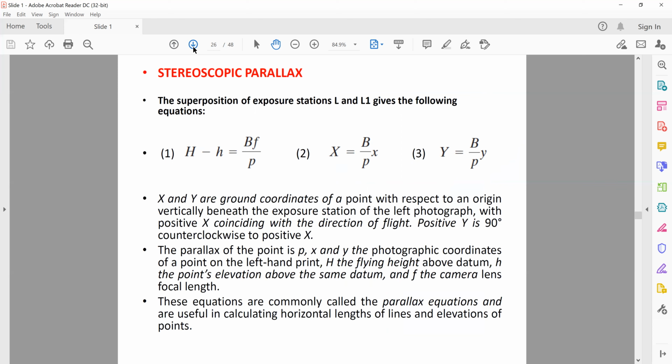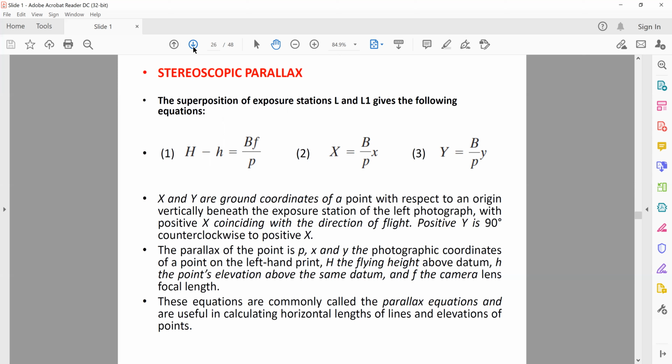So these are the equations that we would be using. The first equation can be used to determine the height of the object. In this equation, capital H denotes the flying height of the drone from a datum. Small h denotes the height of the object from the same datum. B is the airbase, which means the distance between the point where the first picture is taken and the point where the second picture is taken. Small f is the focal length, and you divide it by p, which is the parallax.